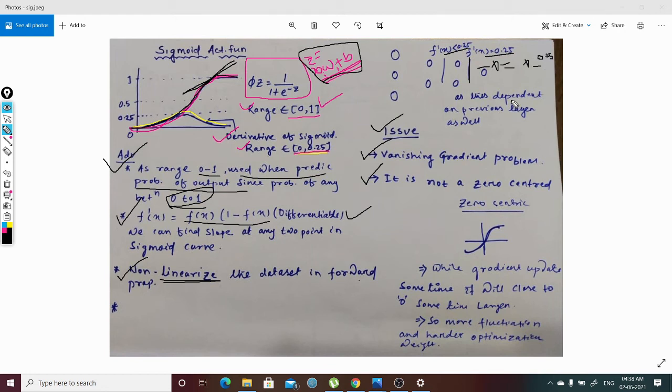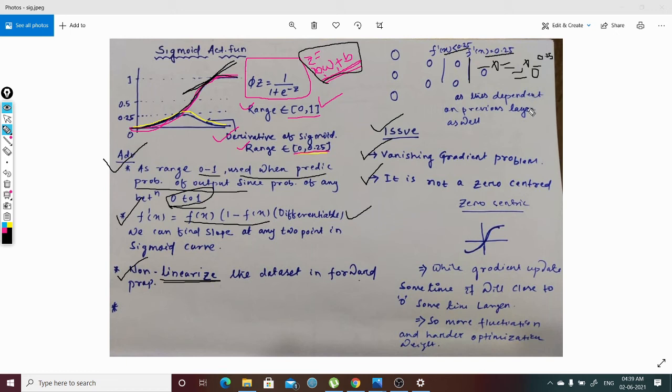This is a very small value, so at the end it will be a very, very low value, approximately 0.